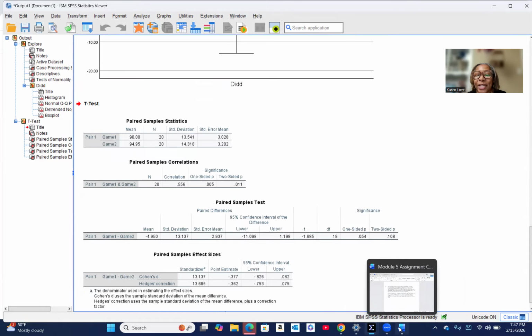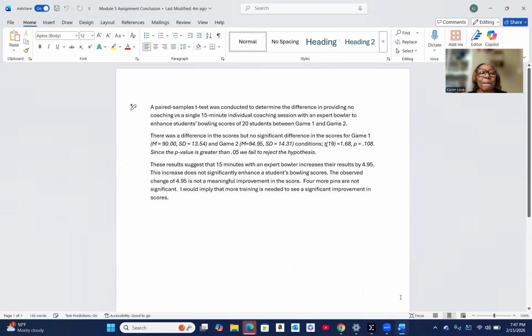So for my final analysis, a paired samples t-test was conducted to determine the difference between providing no coaching versus a single 15-minute individual coaching session with an expert bowler to enhance students' bowling scores, with 20 students between games 1 and 2. There was a difference in the scores, but no significant difference.